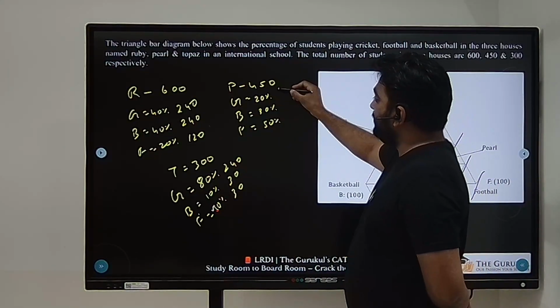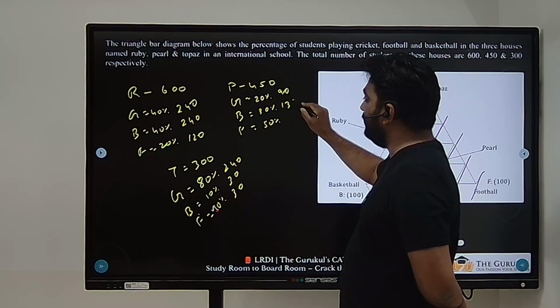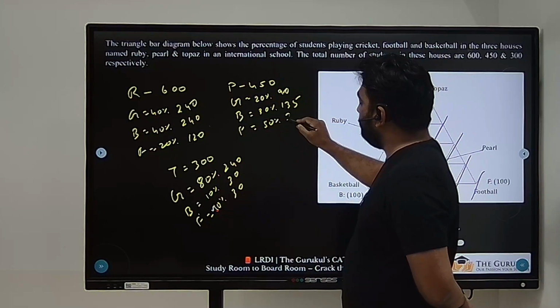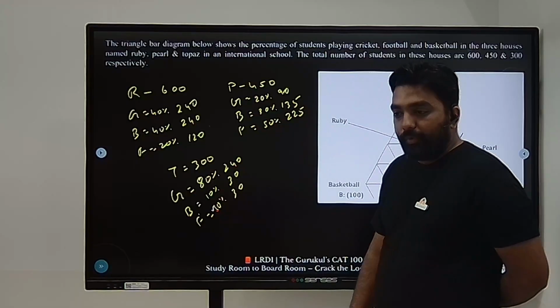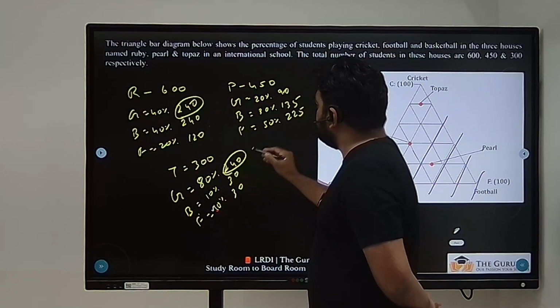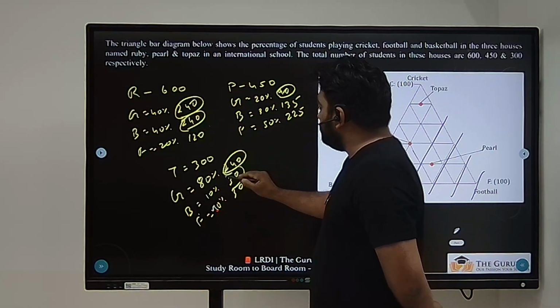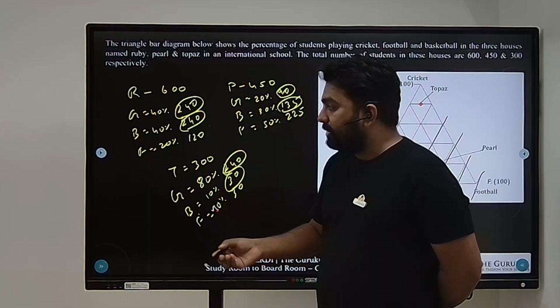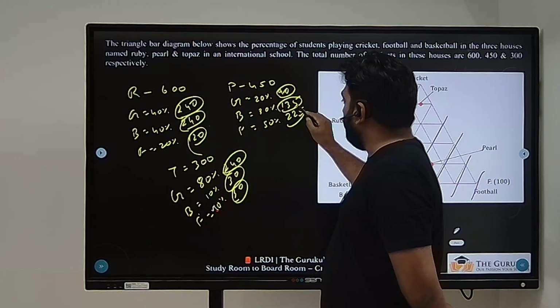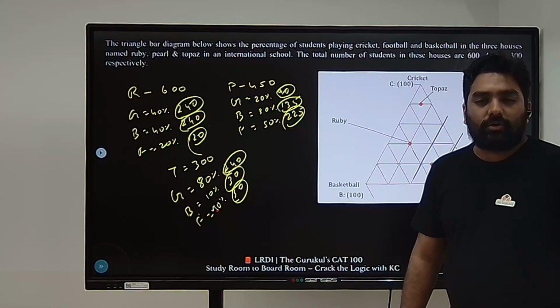And 20% out of 450, 90, 30% out of 450, 135, 50% out of 450, 225. If I add these, I'll get the total cricket value, the total basketball value, the total football value. Once I have a proper table, then answering the questions is not a big deal.